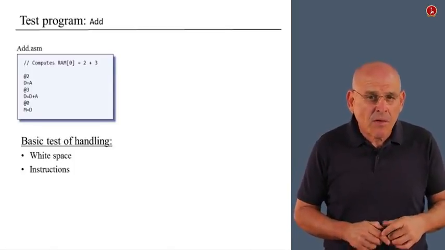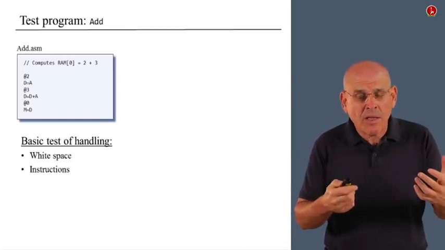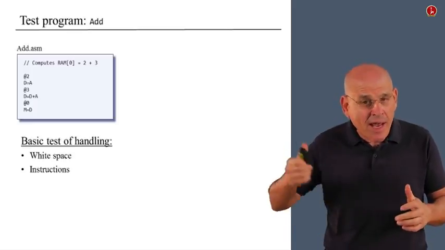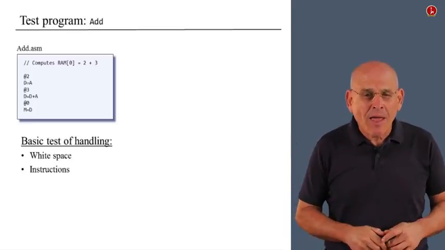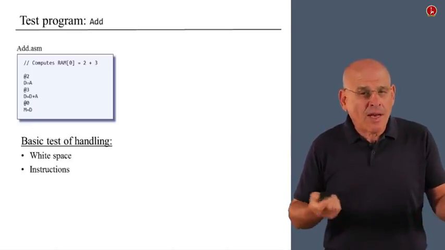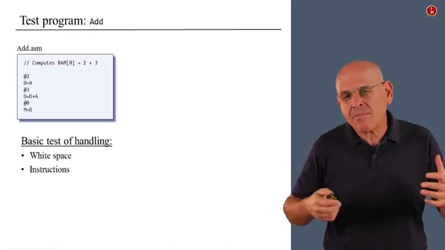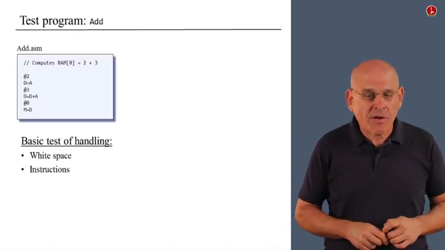Now, when you look at this program, you probably tell yourself that this is a very limited test, right? Because, for one thing, we didn't even test all the possible white space options, because we also have inline comments that we don't see in this program. And indeed, we don't claim that we provide programs that amount to an exhaustive testing of your assembler.